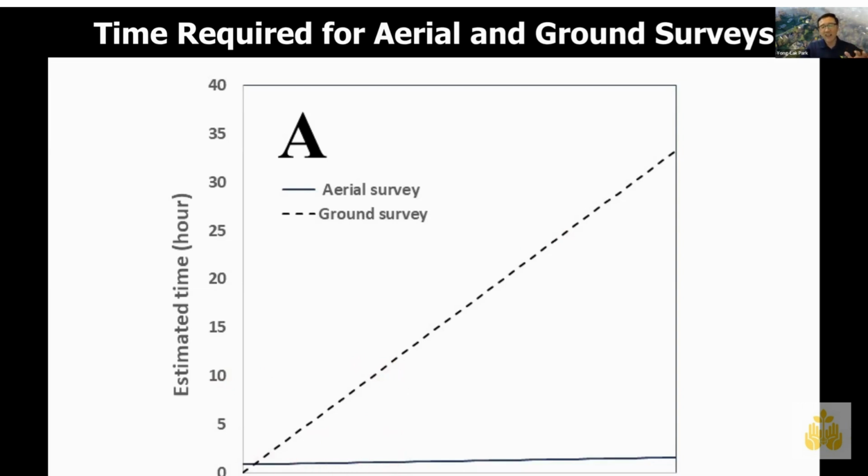And the more blocks we have, the more time the ground survey takes. But in terms of the drone, because the drone is already in the air, just covering a little bit larger area doesn't take more time. So this graph says the drone is much faster. It's good for rapid assessment.